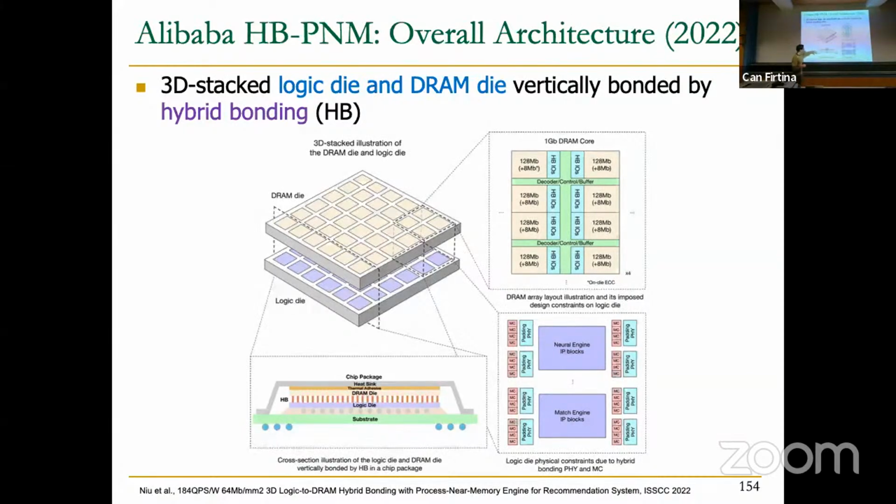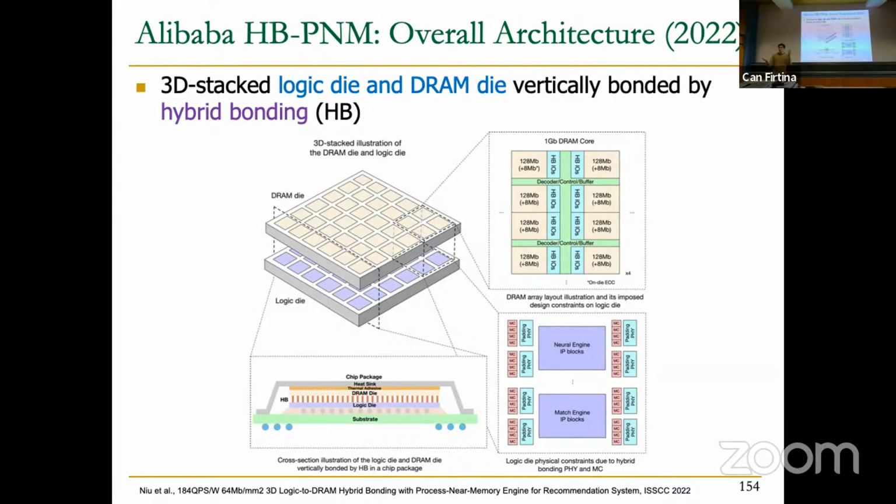And here you have a view of the cross section of the whole thing with the substrate, the logic die, and the DRAM die, because it uses hybrid bonding, which I don't know how old it is, probably not very old.